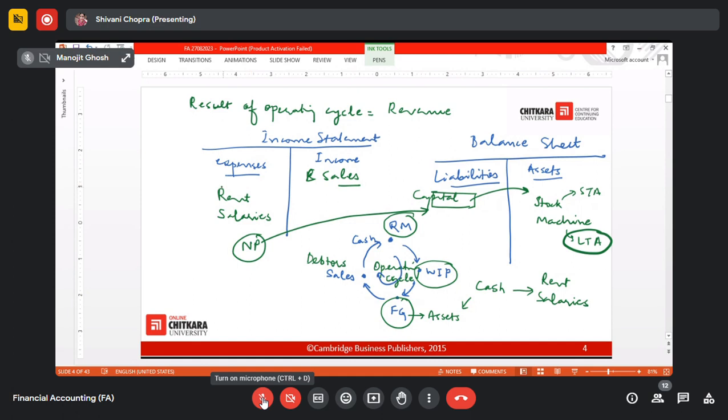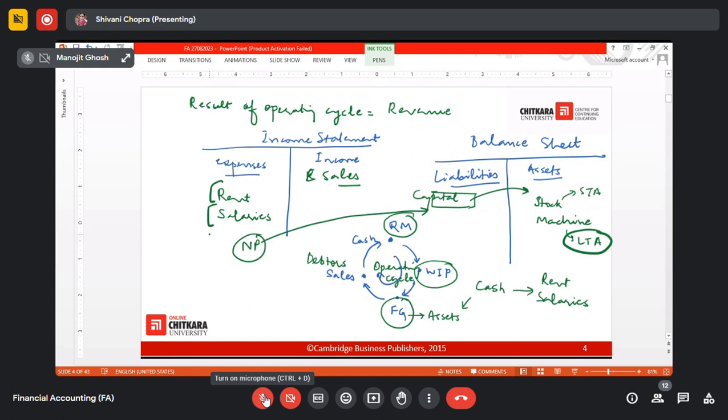Now, what is the reason of this rent and salaries? Do they lead to creation of some sort of asset for the business? You kept the land for 1 year. You used the building for 1 year.